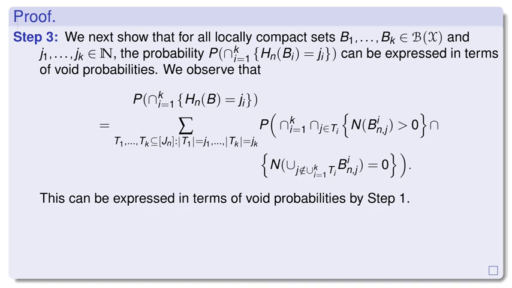We observe that the probability of the intersection from i equals 1 to k of Hn of Bi equals Ji can be written as a sum.